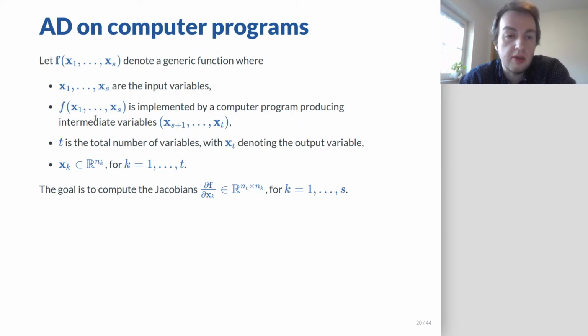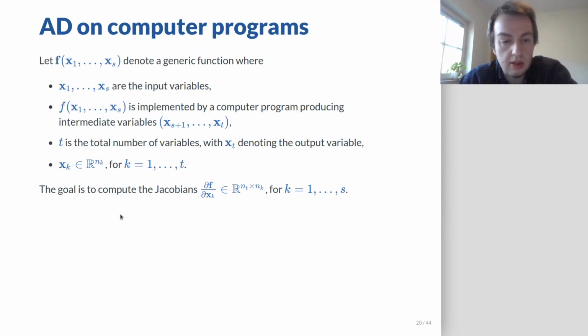So effectively, f of x1 to xs will produce a value which is equal to xt, right? And again, I will use the same convention. So xk, any variable, either input, intermediate, or output, will be represented by a vector of size nk.